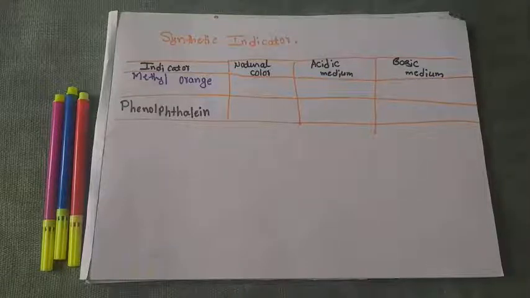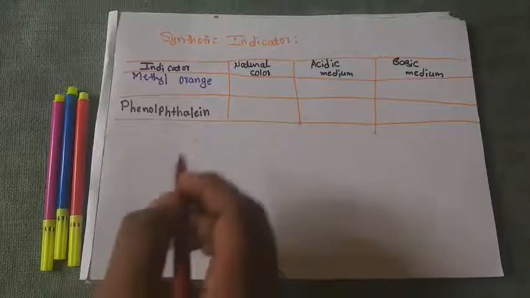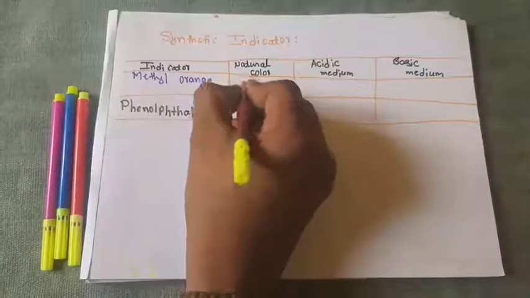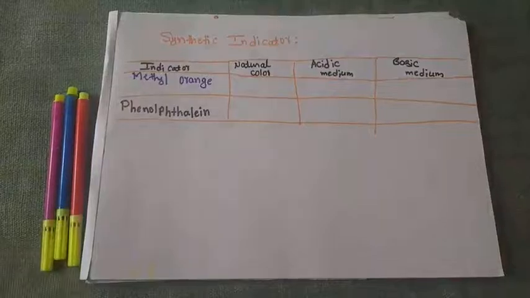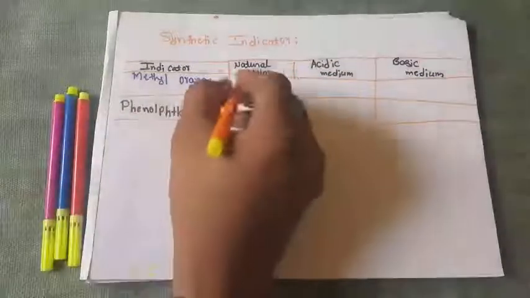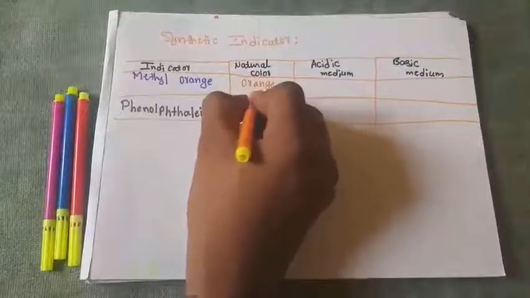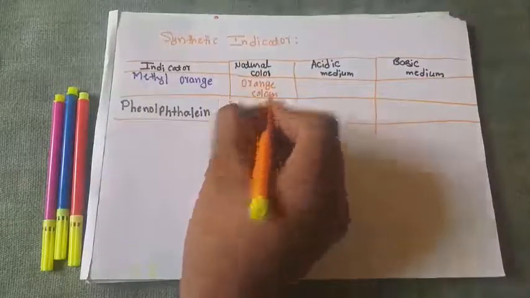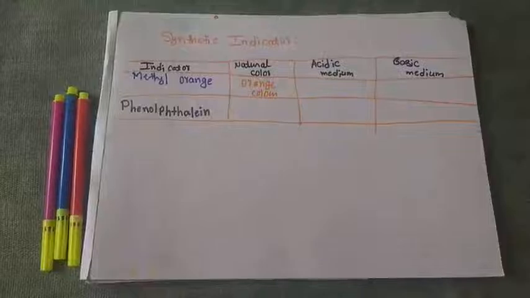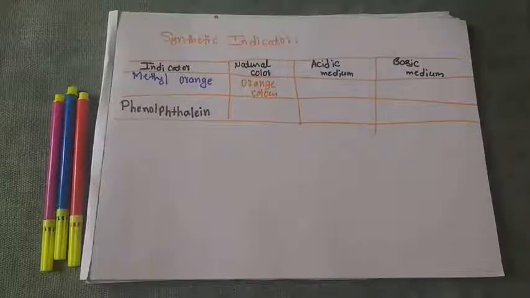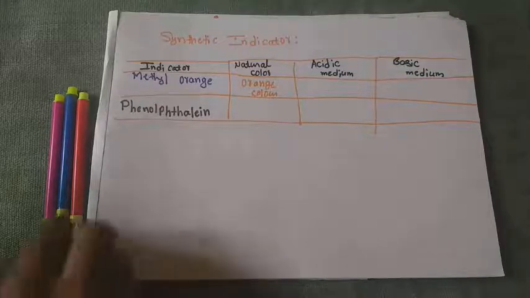The natural or original color of methyl orange is orange. But in acidic medium, if you add methyl orange to acid, that color turns to what? A red color.